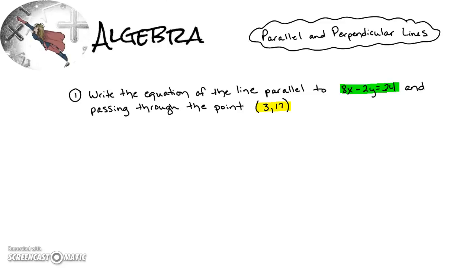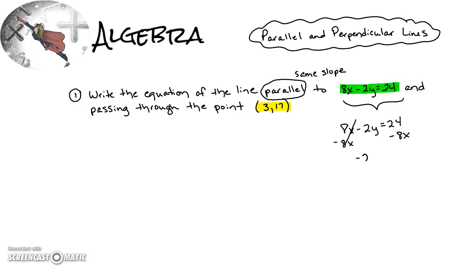So to get started, the first thing to remember is that parallel lines have the same slope because they run in the same direction as each other. The first thing to make this easier would be to take the equation of the line that they gave you and get it so that y is alone. So 8x minus 2y equals 24. I'm first going to subtract 8x from both sides.